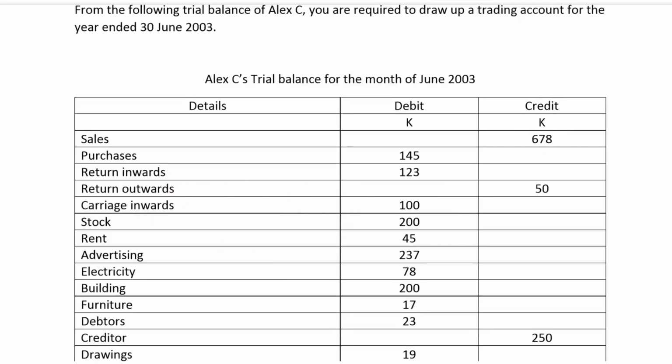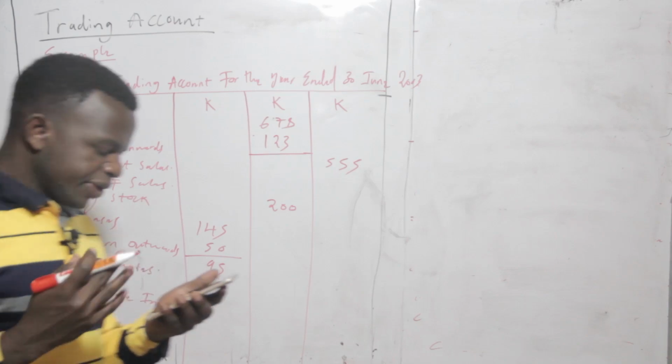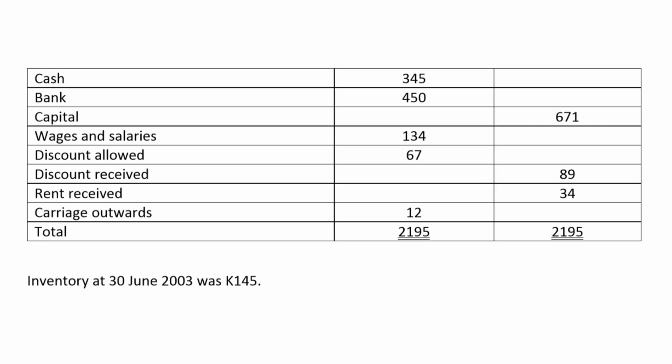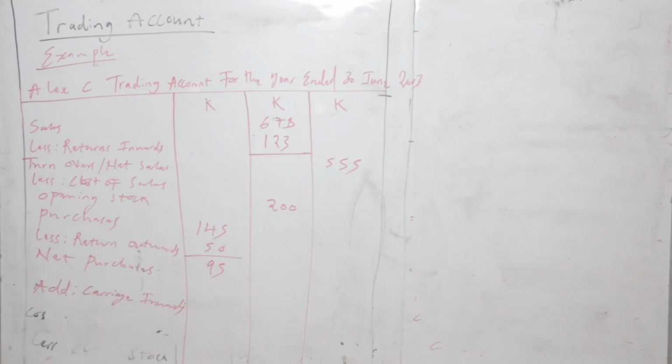And we have to take note of something. The wages that we are having, this wages is combined with salaries. That means that in this case, this is going to be an administrative expense and it's not going to appear in the trading account. So we're just going to add our carriage inwards, and our carriage inwards there, we're having 100.